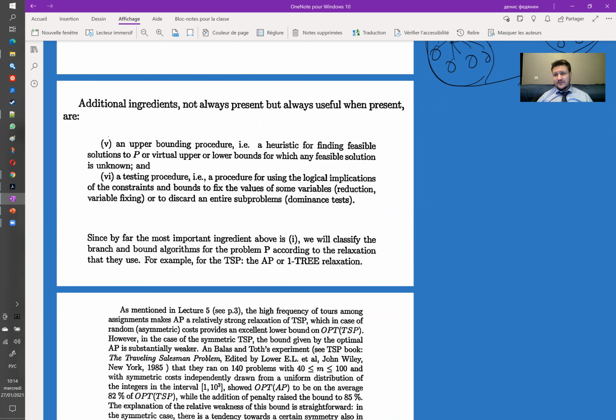In some cases, it is very effective to use an upper bounding procedure, because we know the upper bound. But it depends on the problem, and sometimes we don't need this one. But in some modifications, as I have described before in the previous lectures, the upper bounding procedure is very effective.